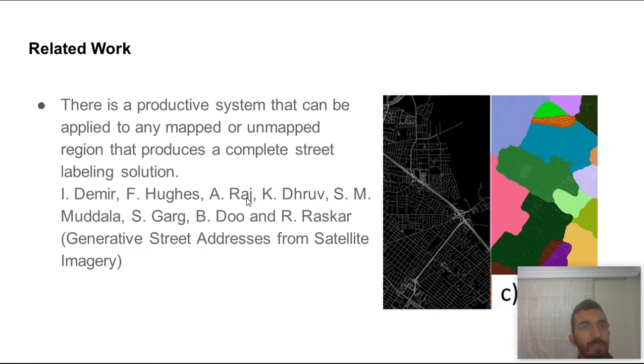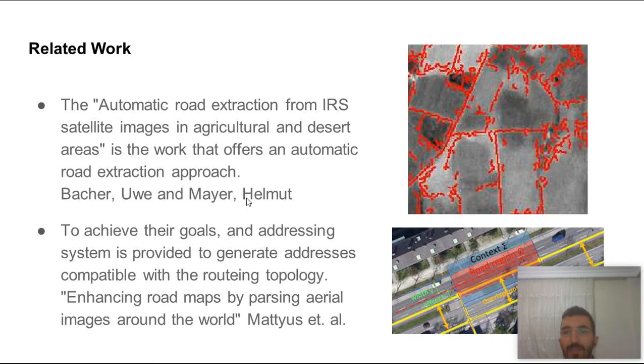Related work continued. There is a predictive system that can be applied to any mapped or unmapped region that produces complete street addressing. The study's name is generative street addressing from satellite imagery. And then automatic route extraction from satellite images in agricultural and desert areas is the work that offers an automatic route extraction approach.